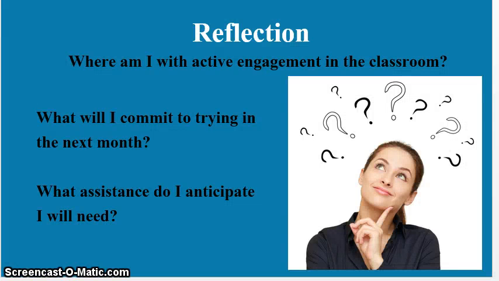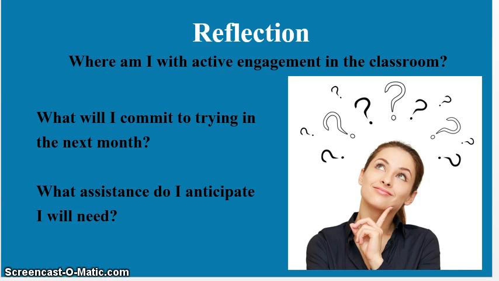And then I would pause for reflection. Where am I with active engagement in the classroom? And try to get your attendees to commit to trying to use some active learning techniques and to think ahead about what assistance they might need.